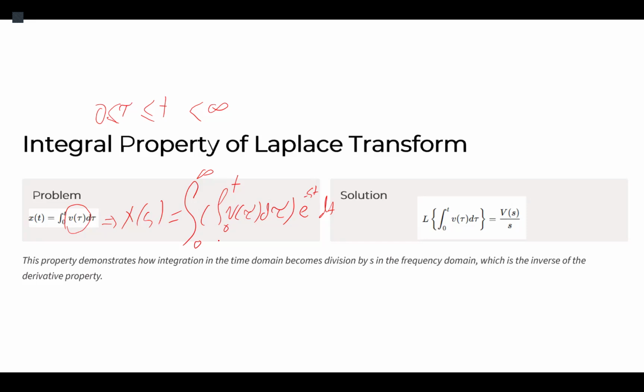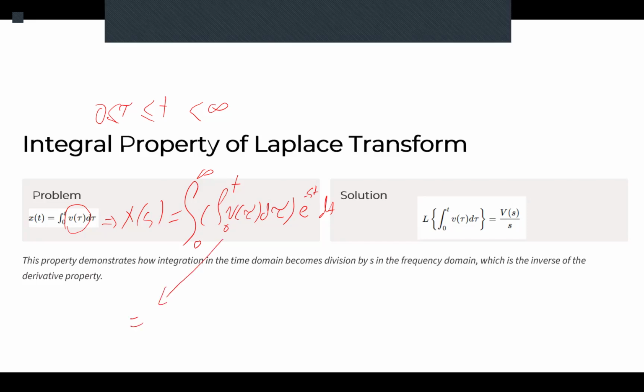Okay, so we can change this and say it's the integral from 0 to infinity, of the integral of e to the power of minus st dt, where t goes from tau to infinity, and then we have v of tau d tau.